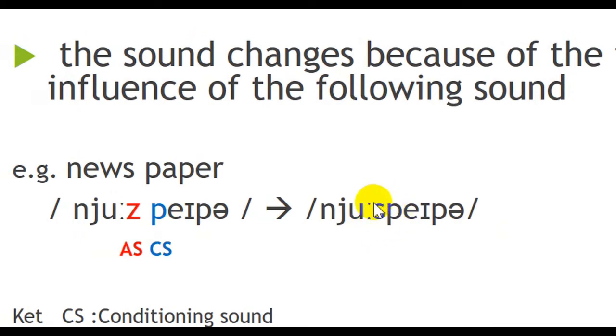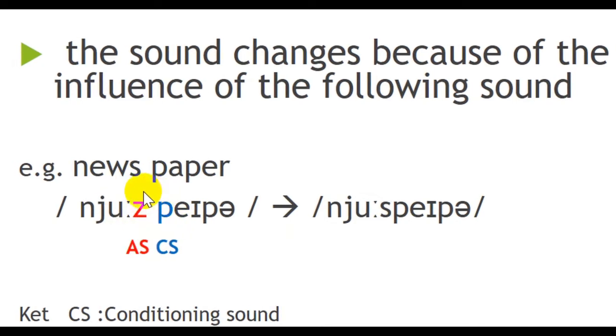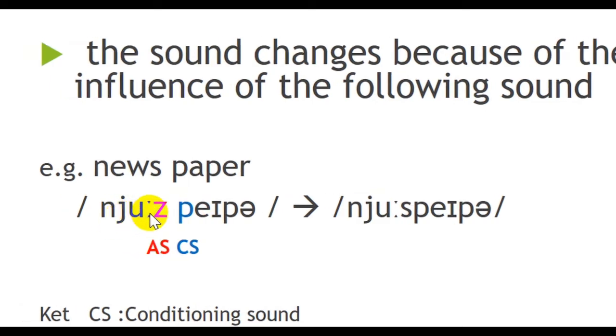Okay, what happens? That is the regressive assimilation. Here, sound p, which is placed after the z in newspaper, influences sound z. Why? Because p is voiceless. Z is voiced. Okay, to ease the pronunciation, we have to make the sounds the same, either both voiced or both voiceless.